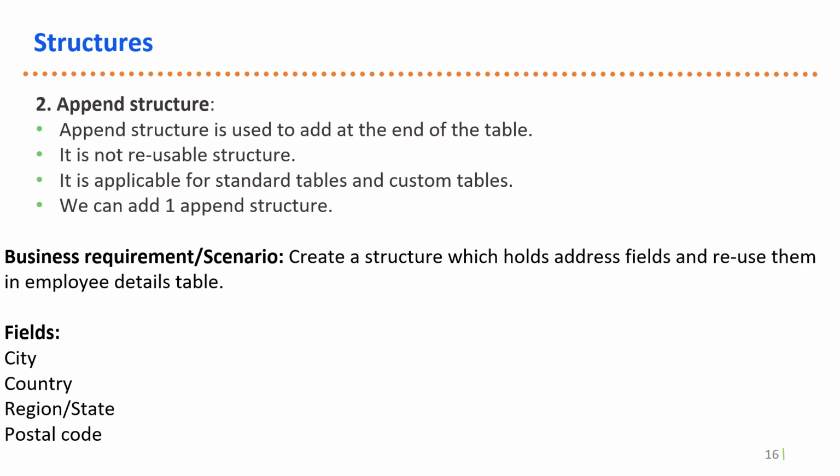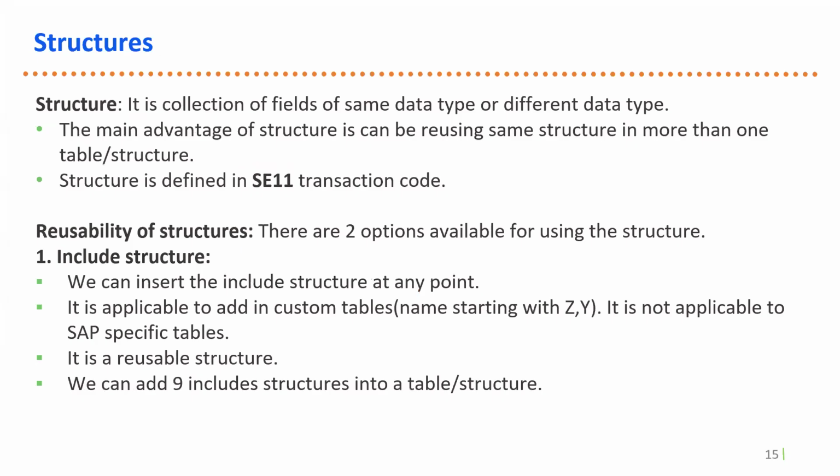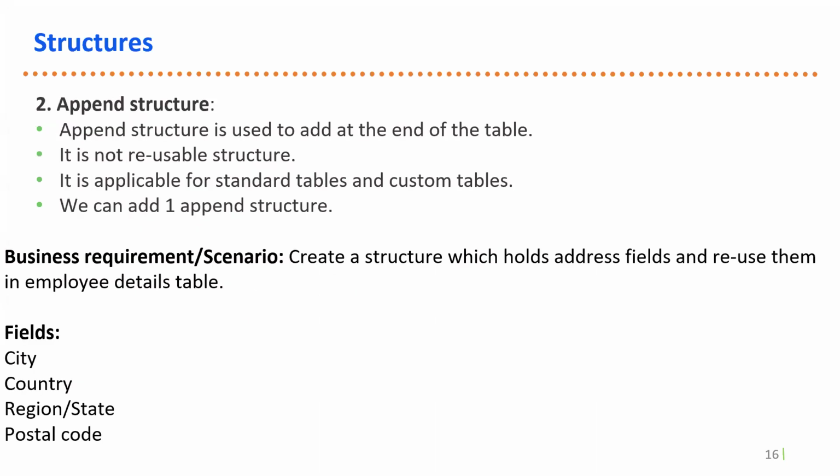Standard tables are nothing but tables created by SAP. Sometimes we might be required to enhance fields in the standard table. At that time, we cannot use include structure because include structure is applicable only for custom tables. But if you want to enhance standard tables, then we can use append structure.